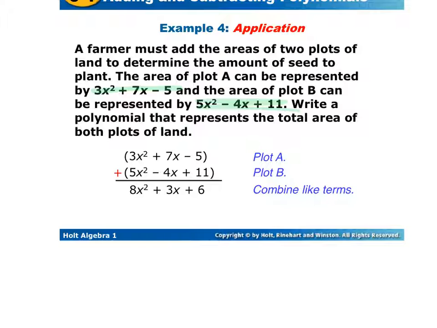So all they want you to do is add these two polynomials. They did it vertically. They lined up everything. They put the x squareds on top of each other, the x's, and then the numbers. And then the whole total area would be the 8x squared plus 3x plus 6.